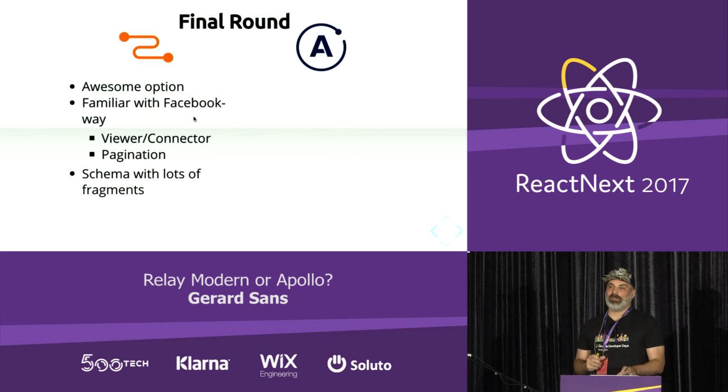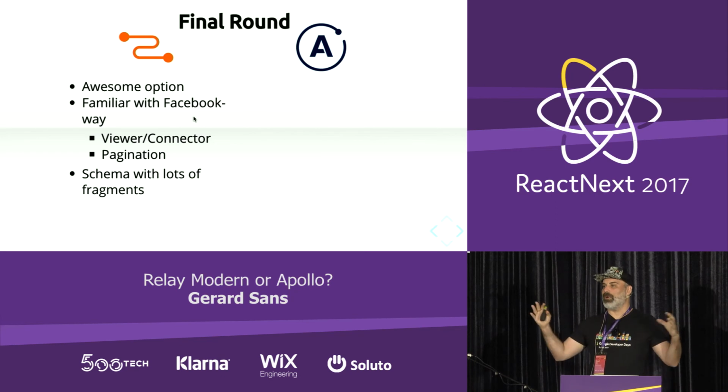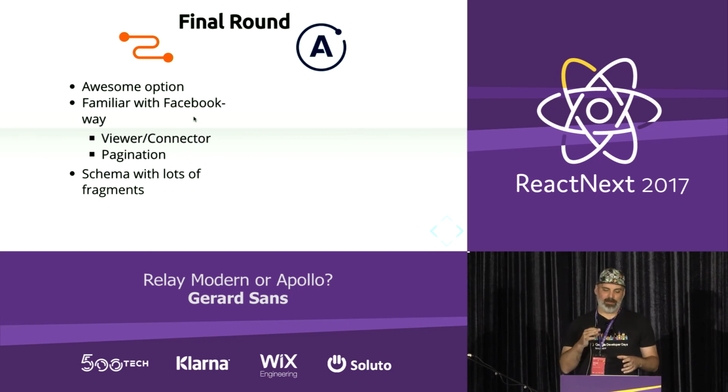There's an extra benefit: when you have a model with a lot of fragments, this is the best scenario for Relay Modern because it can run a lot of optimizations on that. So if you have a model with hundreds of similar types with fragments that are the same, Relay Modern will make this really compact and efficient.